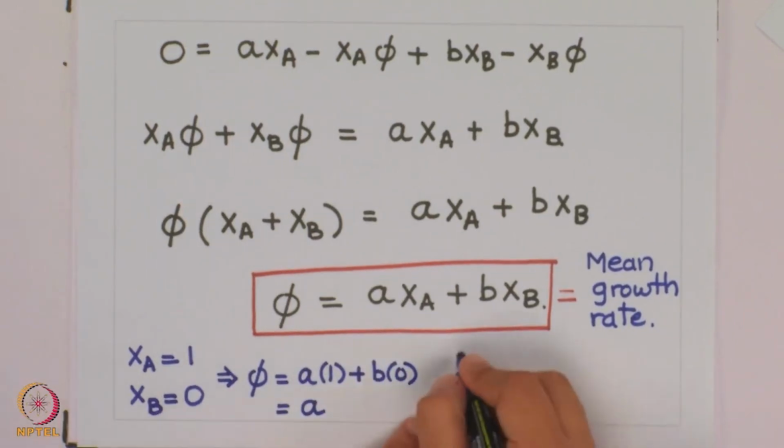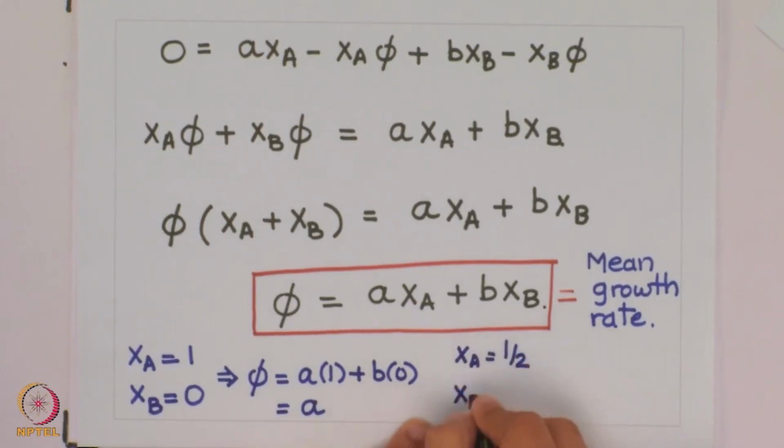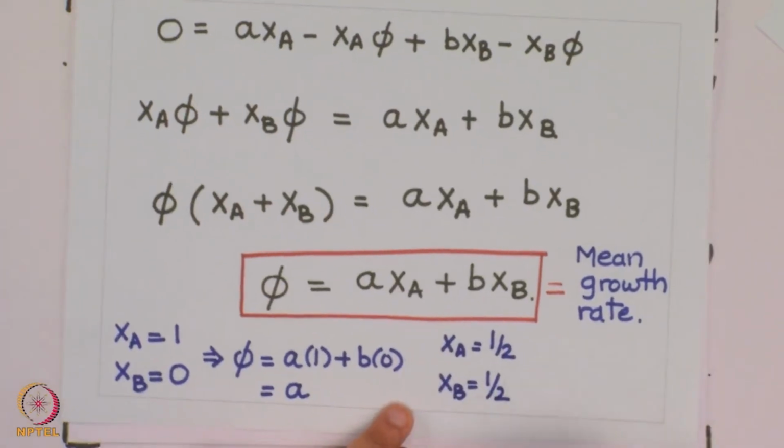On the other hand, if xa is equal to half and xb is equal to half, because their sum has to be equal to 1, we have already derived that, then what is the mean growth rate that you associate with this culture which has half the cells growing at rate a, half the cells growing at rate b?